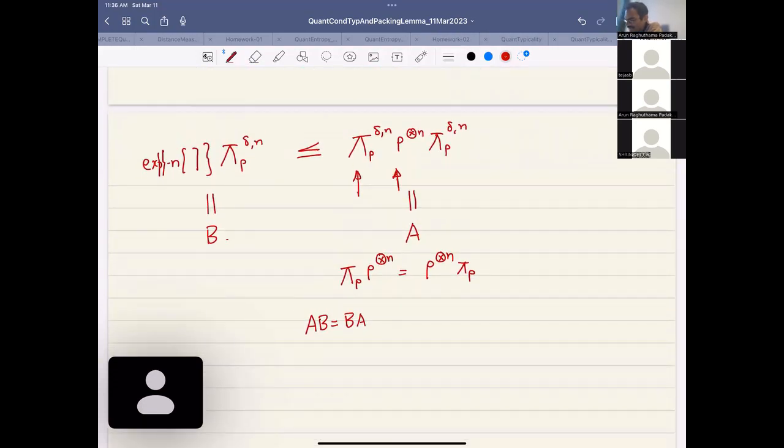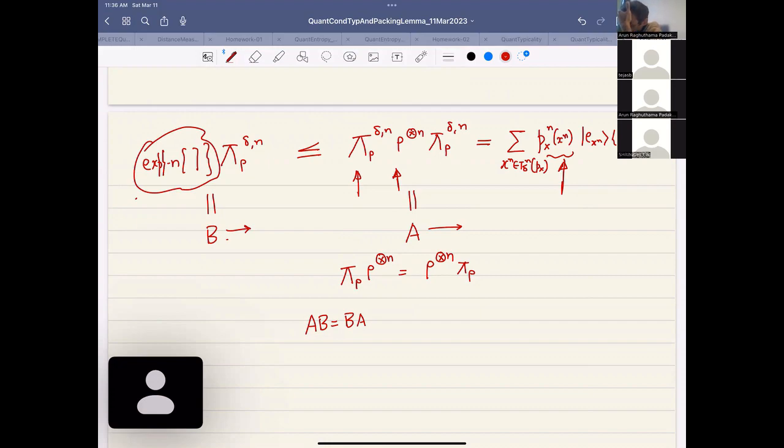Since A and B are both self-adjoint and commute, it suffices to show that the eigenvalues of A dominate the eigenvalues of B. If you write what this is, you get a sum over x^n belonging to the typical set T delta^n of p_x^n of x^n times the projector. Each of these terms is upper bounded and lower bounded by these exponential quantities, and hence this inequality holds.